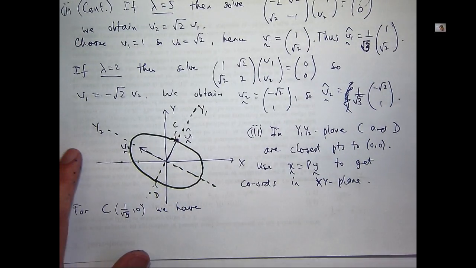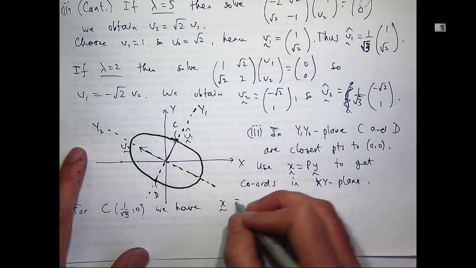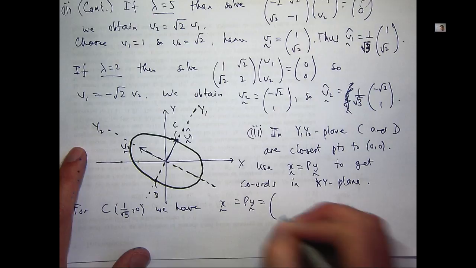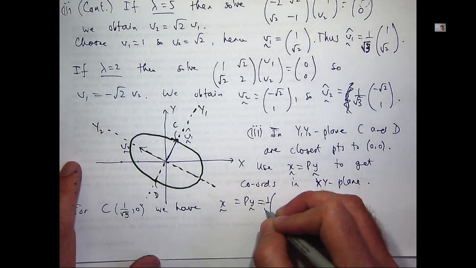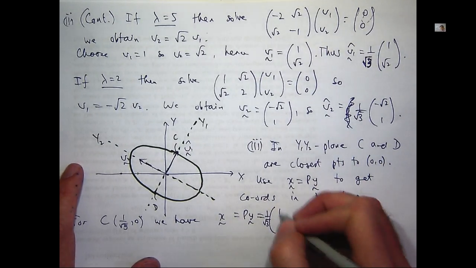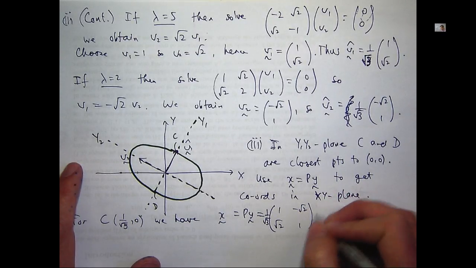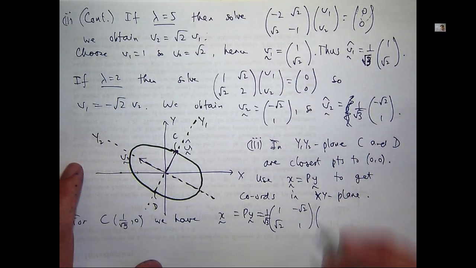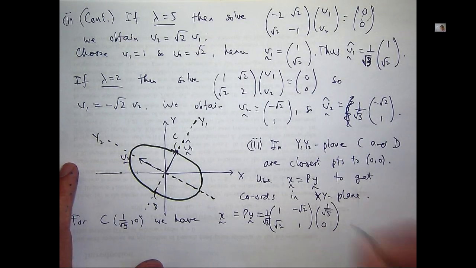The x coordinates are just the following: 1 on root 3 times your matrix P times the coordinates in the y1, y2 plane.